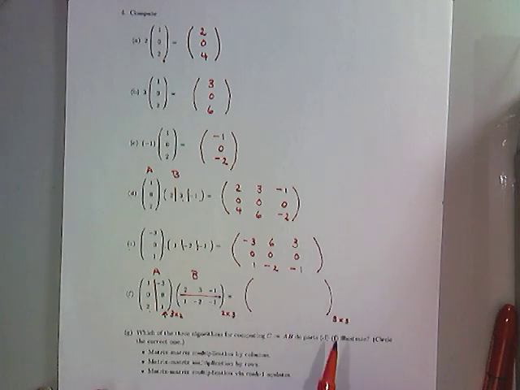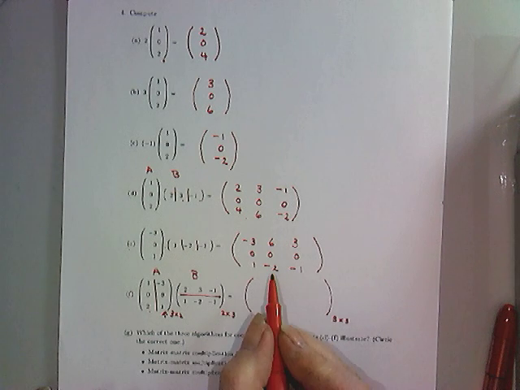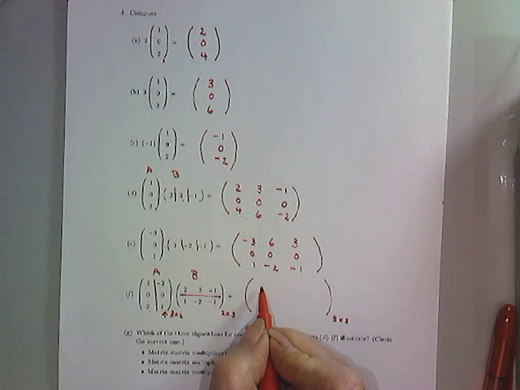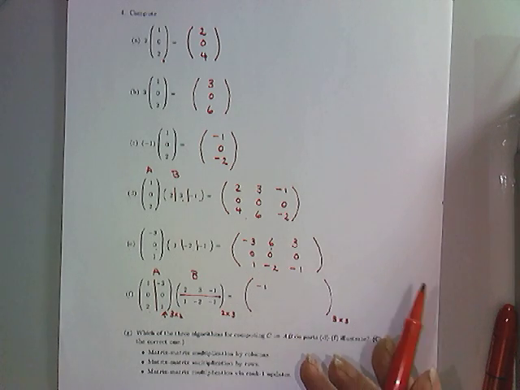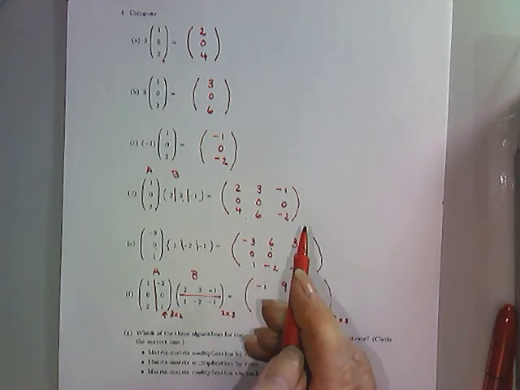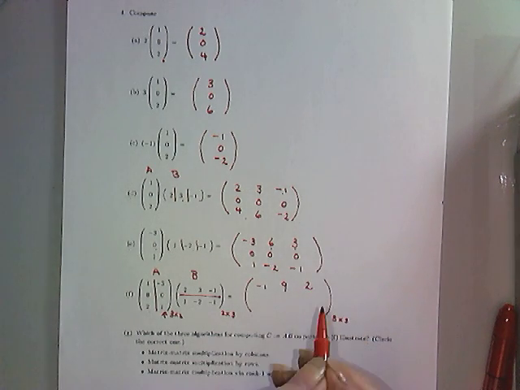And I can find it by adding D and E together. And that would mean that the entries will be 2 plus negative 3. 3 plus 6 is 9. Negative 1 plus 3 is positive 2.